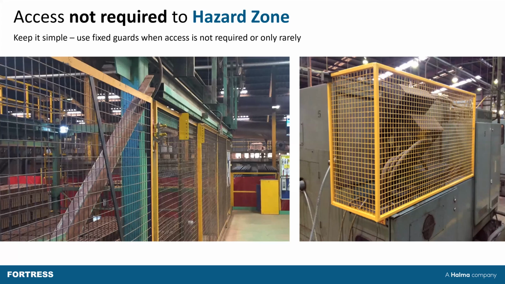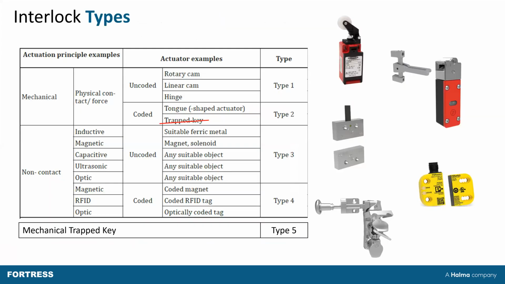However, a lot of places you do need to get into, and I'm not pretending that that's not the case. So if you do need to get into places, you're often going to need an interlock to allow it to be safe to use a movable guard. Lots of different types of interlocks, and again, suitable for different situations. When you're looking at ISO 14119, which is the standard about interlocks, they currently have a table which goes 1 to 4.